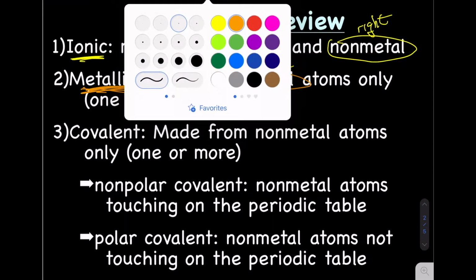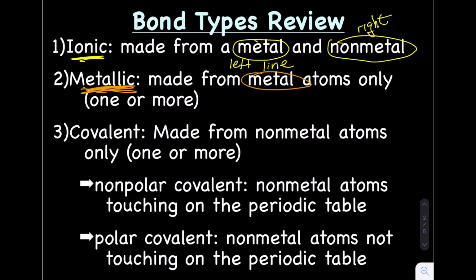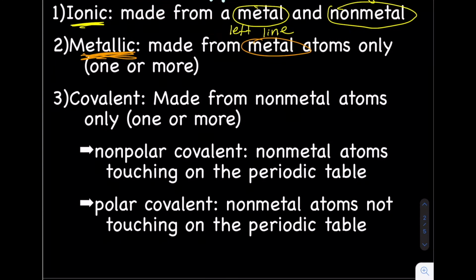All right, and then the most complicated of the bonds is the covalent. Molecules made from covalent bonds are non-metal atoms only, one or more. What makes them a little bit more complicated is that there are two types of covalent bonds.